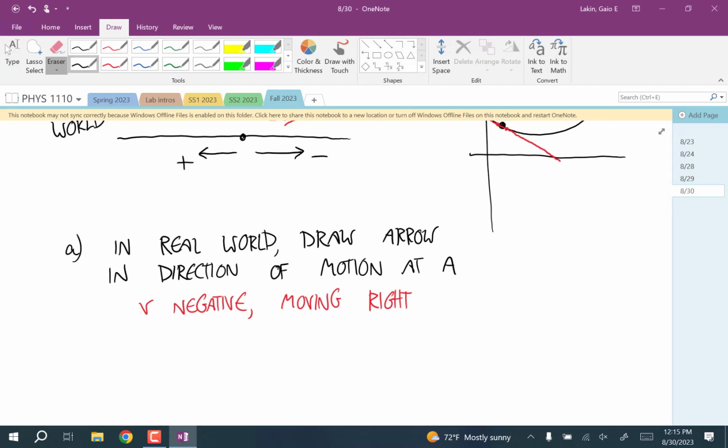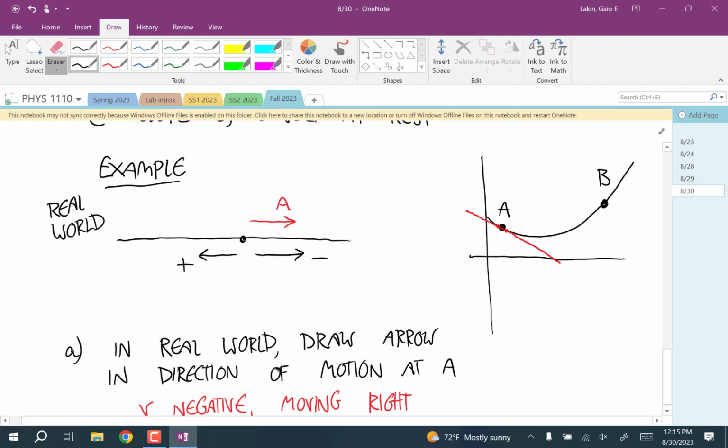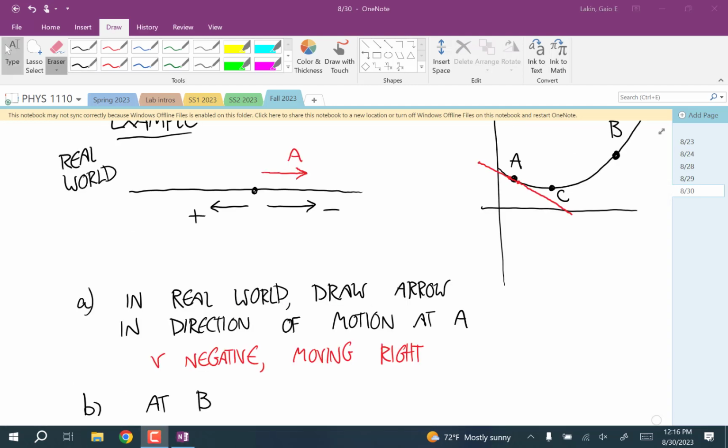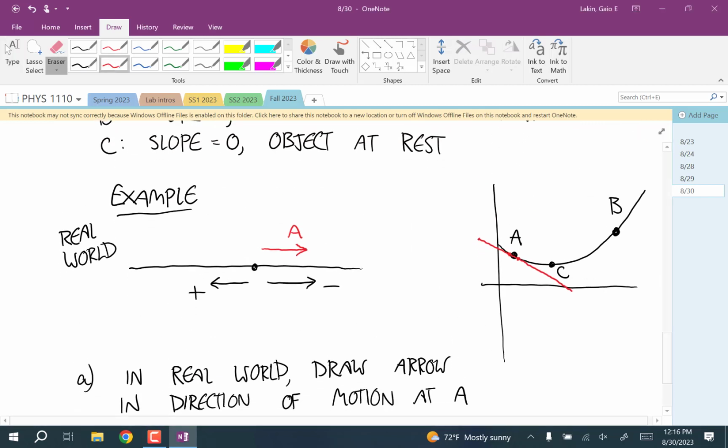Okay, well, let me actually draw a third point, why not? So do the same things at B and C. Okay, so for part B, for point B, the 2 nearby points would be like this.